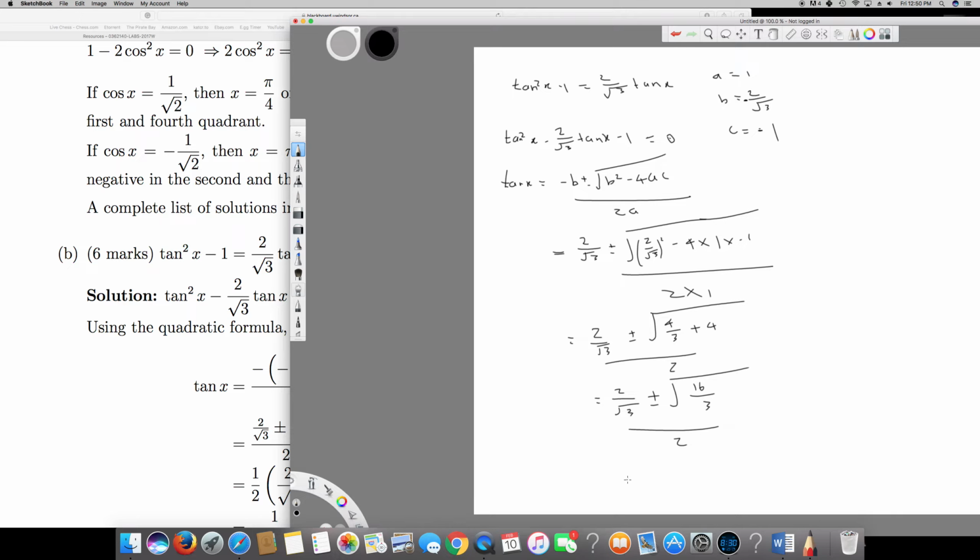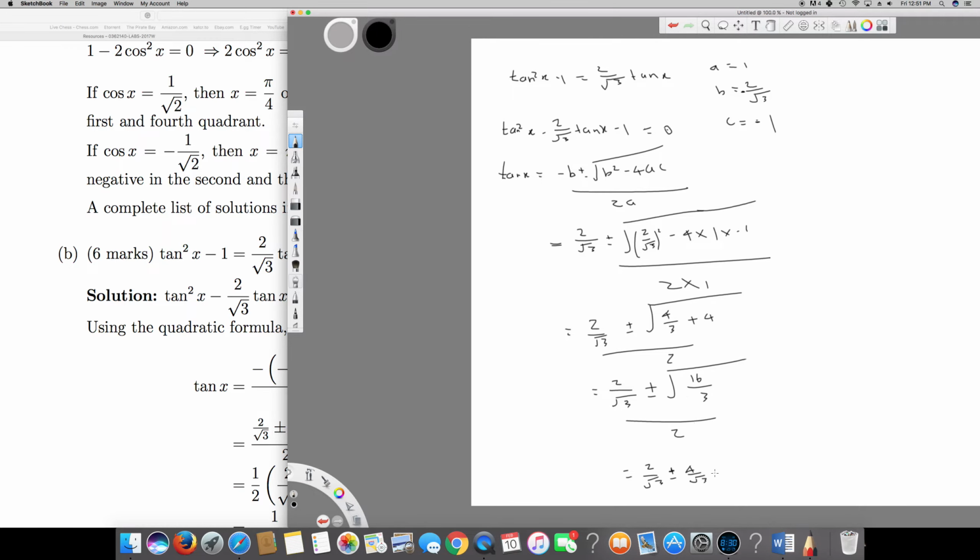Which is going to be equal to 2 over root 3, and I can take the 16 outside because 16 is 4 square. So it's going to be 4, and root 3 is going to be on the bottom because it's basically 1 over root 3. If I take the 16 out, it's going to be 1 over root 3, multiplied by 4 is just 4, and the remaining part is 1 over root 3, so I can put it as 4 over root 3, and divided by 2.